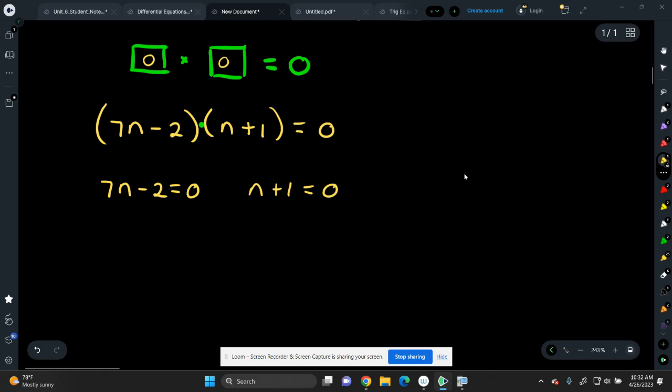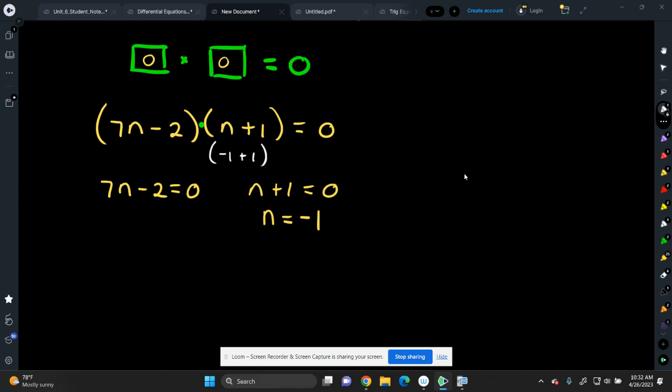So in order to solve this one, I'm going to subtract 1 from both sides. I get n equals negative 1. Well, look what happens if I put that negative 1 in there. Right here, I get negative 1 plus 1, which equals what? 0. So I'm going to have something times 0.